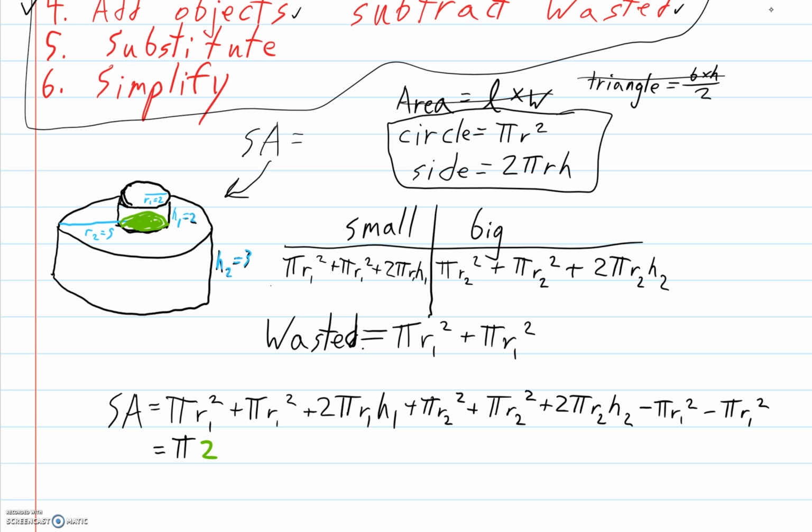So 2 squared plus pi 2 squared plus 2 pi 2. Oh, now we've come to a new one, h1. What is it over here? It's another 2, so we're going to put that in.